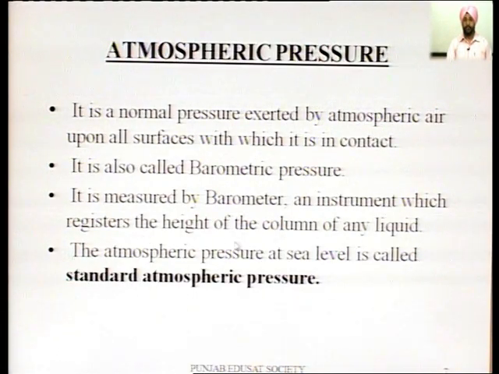So in a barometer, the readings we generally get are in terms of height of the column, in meters, mm or centimeters, and this atmospheric pressure at sea level is called the standard atmospheric pressure.